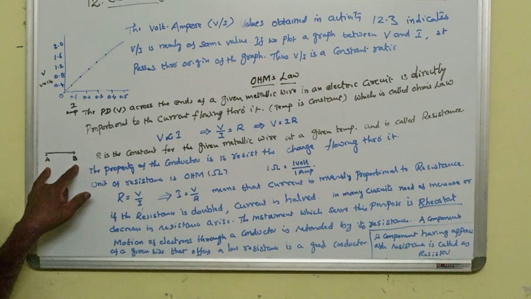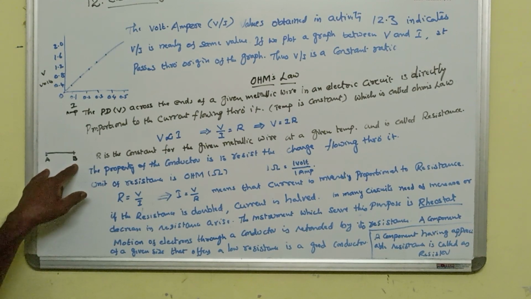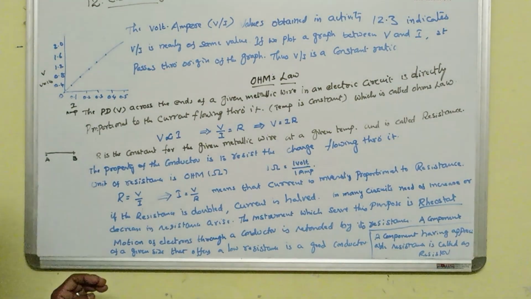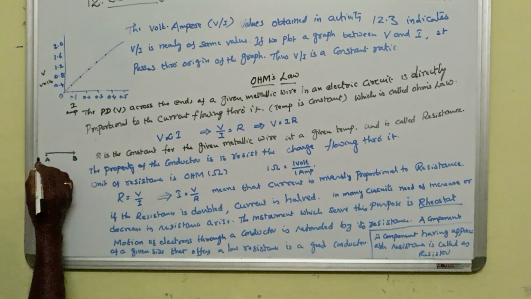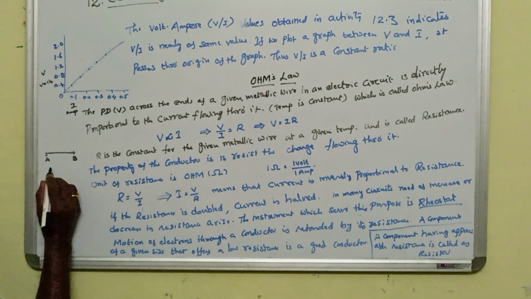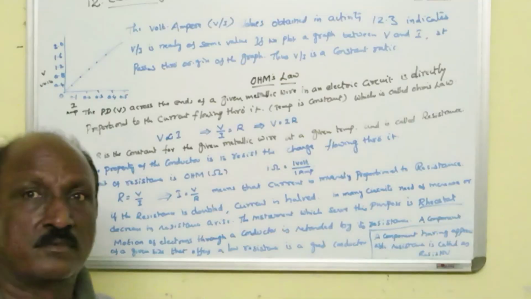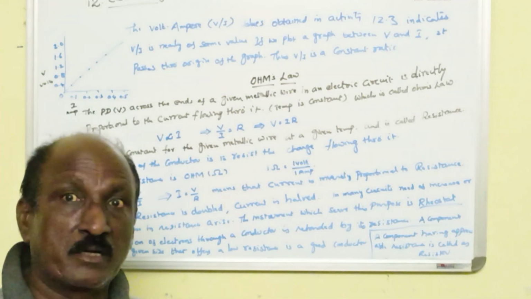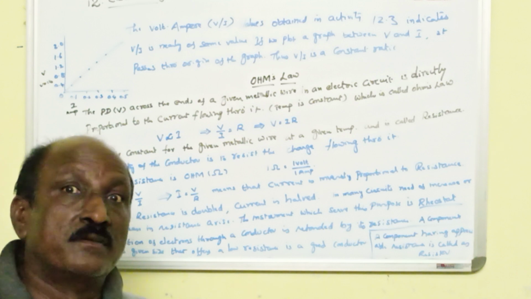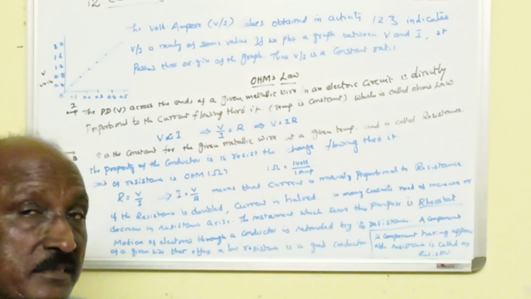How will we measure potential difference? Potential difference is measured with the use of a voltmeter, as I already mentioned in my previous session. It is measured using a voltmeter connected in parallel to the resistance or metallic wire in an electric circuit.